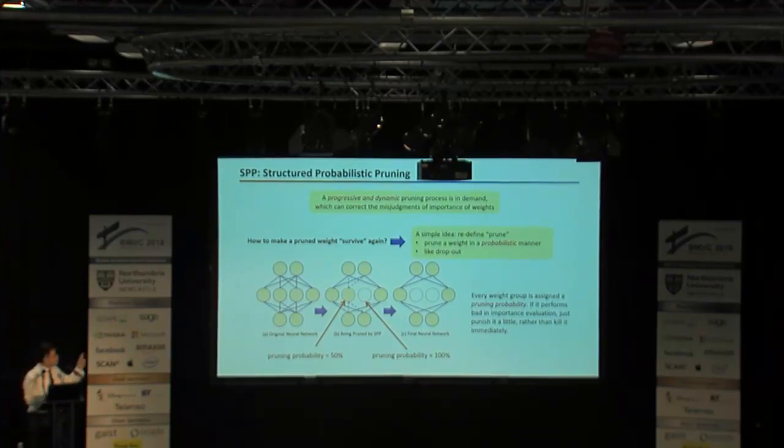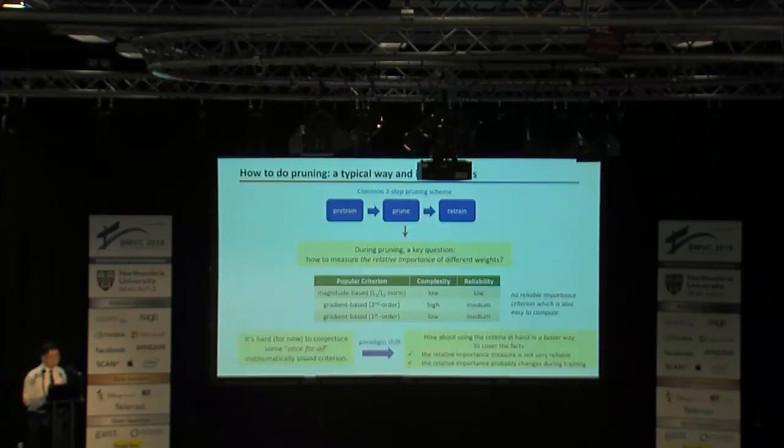For example, a 0.5 pruning probability of a weight group means that this time there is a 50% chance to prune this weight group, and a 50% chance we retain it. Then we control this probability based on an importance criterion, which is one of the previously mentioned L1 or L2 norm or first or second order gradients.